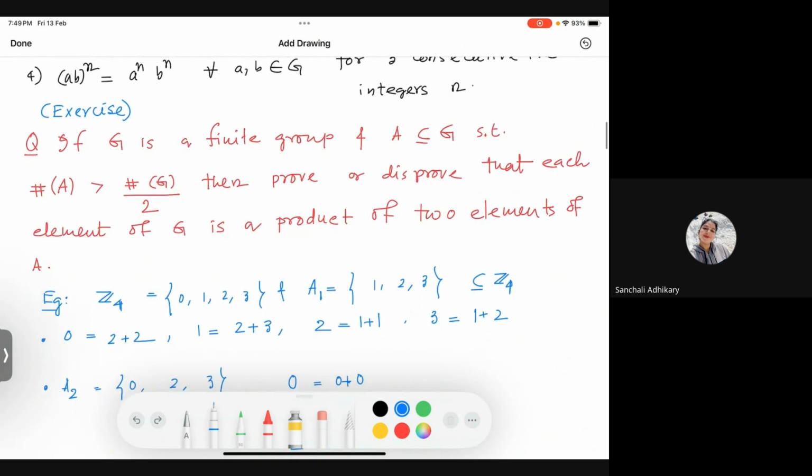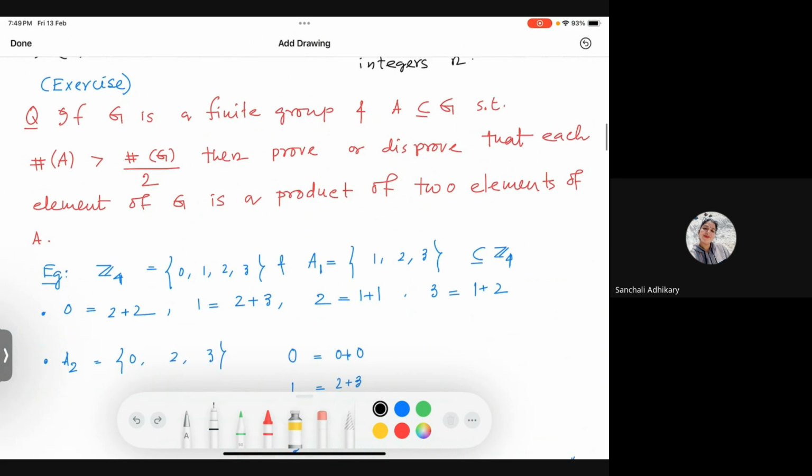Okay, now this is a very nice question. What is given in this question?